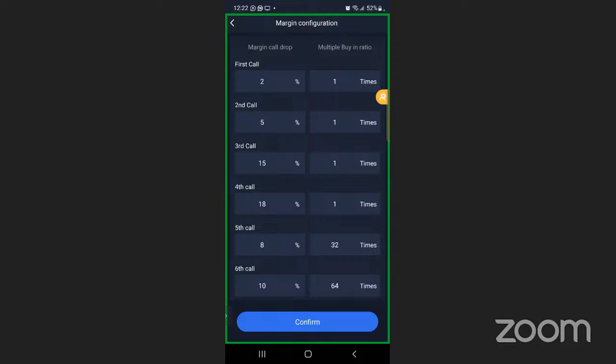You get the point? Then here we have the multiple buying ratio. These are the orders you give your robot to buy according to the amount of money you allocated as your first buying amount. If your first buying amount is $10 and you tell your robot to buy 1 times, it will calculate 1 times 10. The answer it gets is the amount of money it injects in the trade.